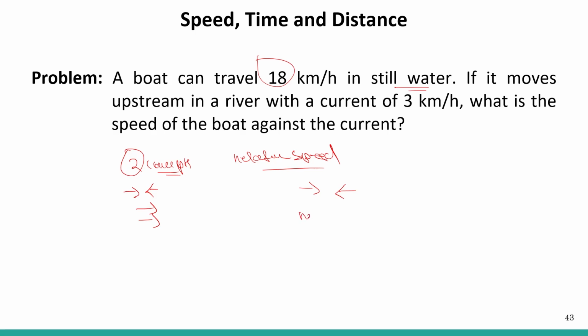So relative speed is equal to 18 plus 3, because the current is in opposite direction as the boat is moving upstream. So this will be equal to 21 kilometer per hour.